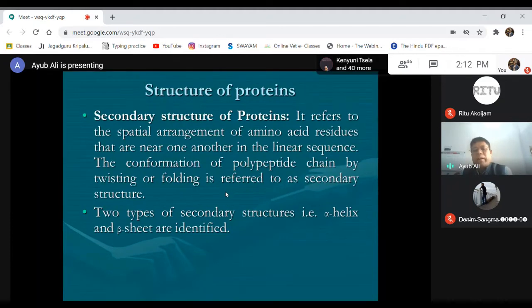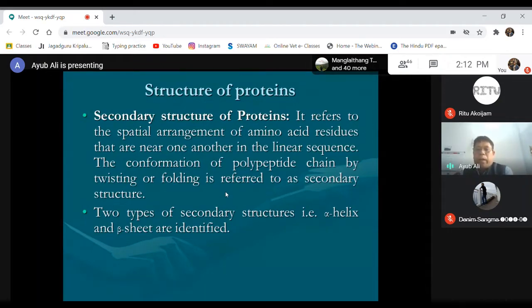Two types of secondary structures are known for the proteins. One is the alpha helical structure, and the second one is the beta sheet structure. So two types of secondary structures have been identified in the protein, called the alpha helix and the beta sheet structure. The helical structure was first discovered, so the name alpha is given.